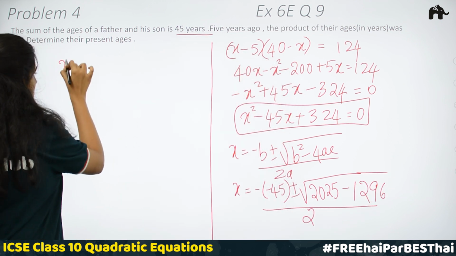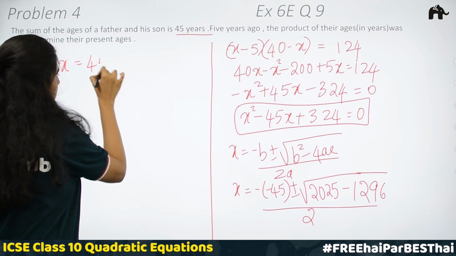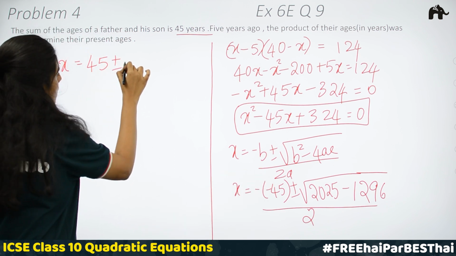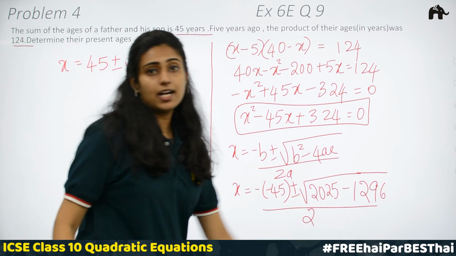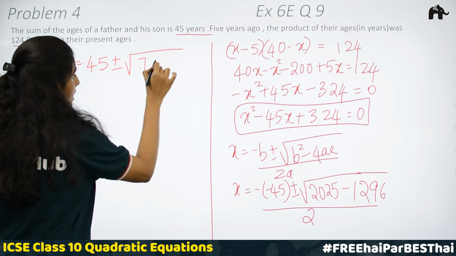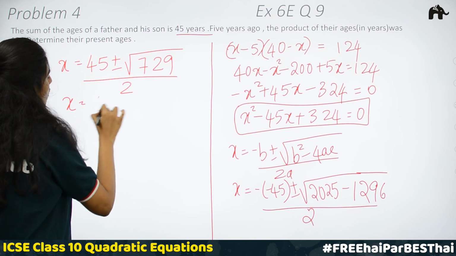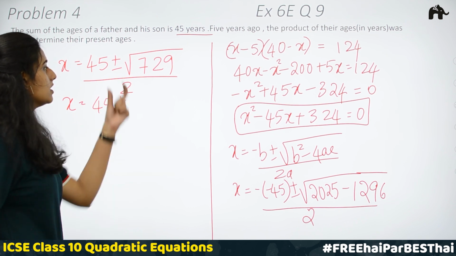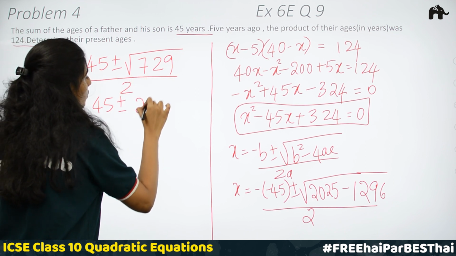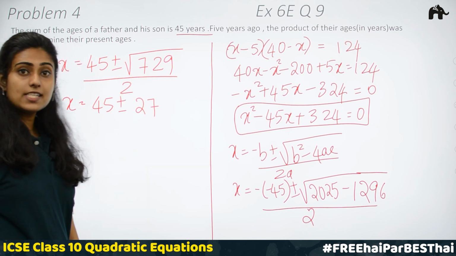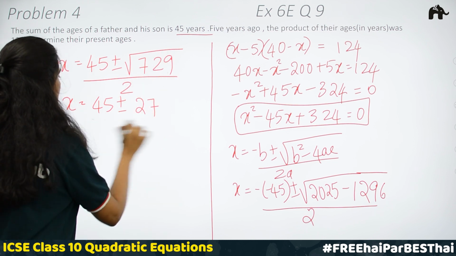x is equal to minus of minus 45, that is plus 45, plus or minus root of 2025 minus 1296, that is 729, whole divided by 2. x is equal to 45 plus or minus, what is root of 729? You will be getting 27. 27 into 27 is 729, divided by 2.